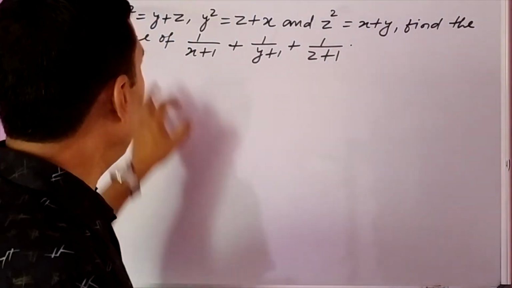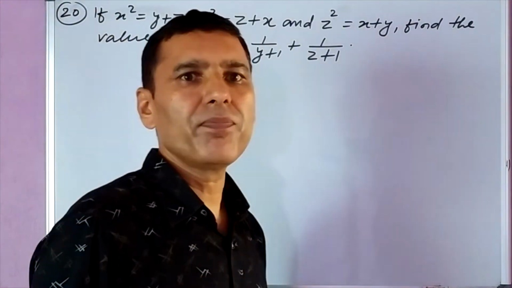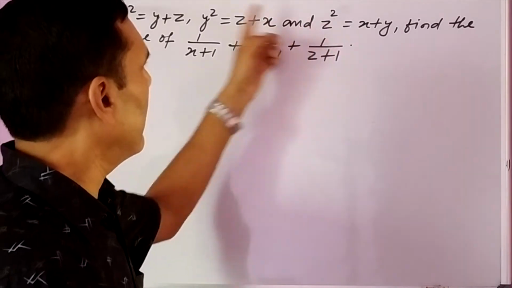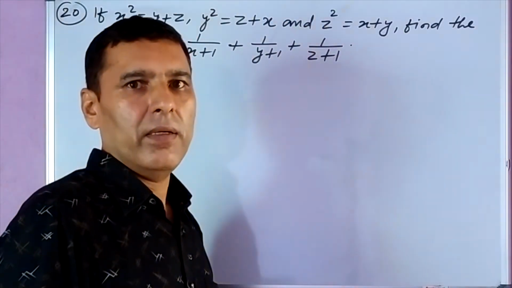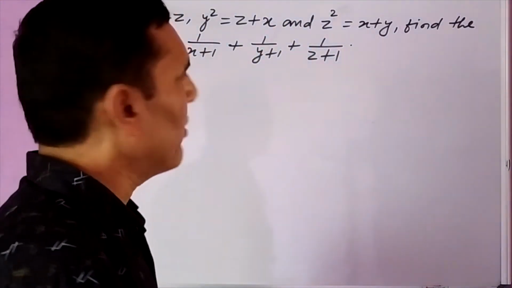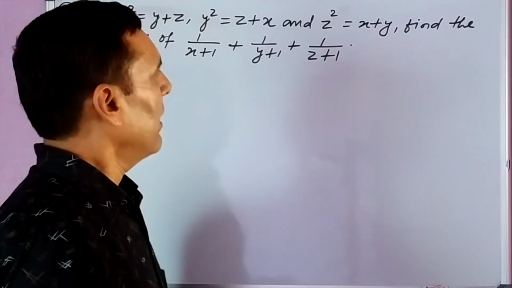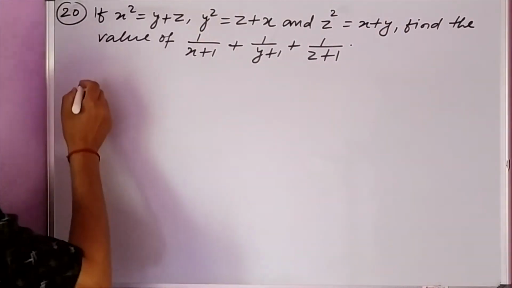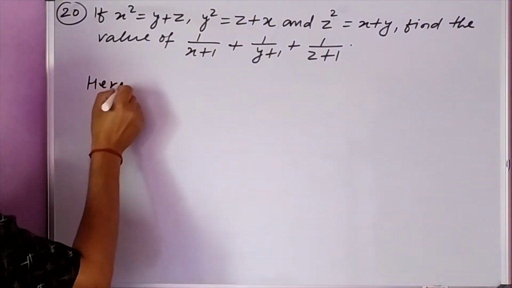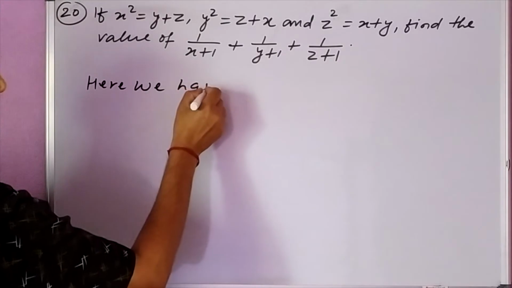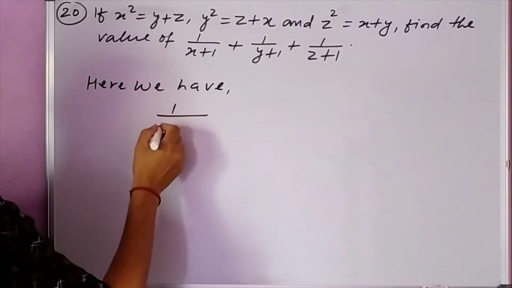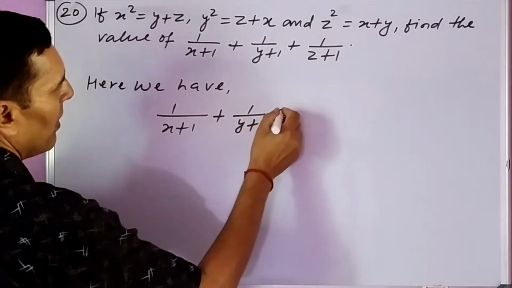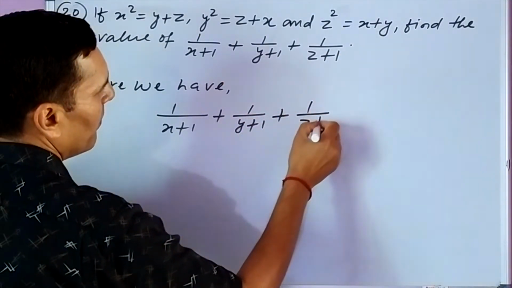So how can this given condition be used in an easy way so that we can get the value of this also in a very easy way? That is a very important thing we have to understand here. So let's start from this, which value we have to find out. 1 upon x plus 1 plus 1 upon y plus 1 plus 1 upon z plus 1.